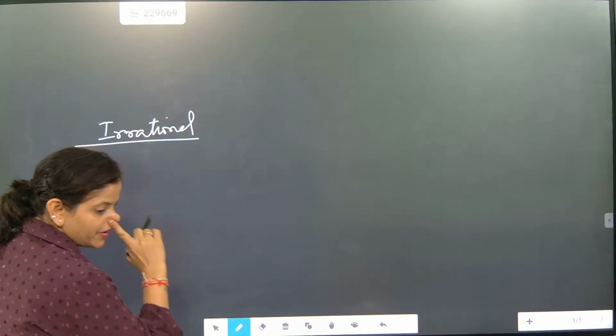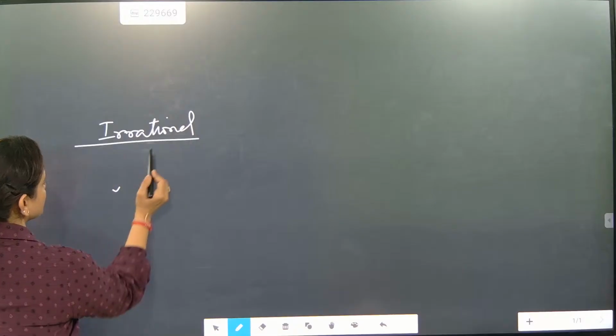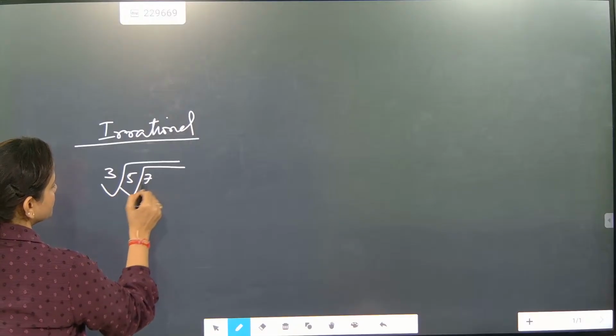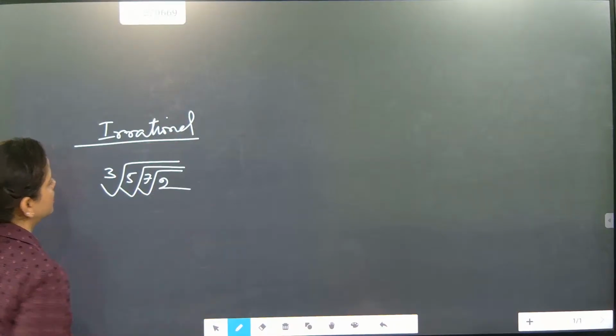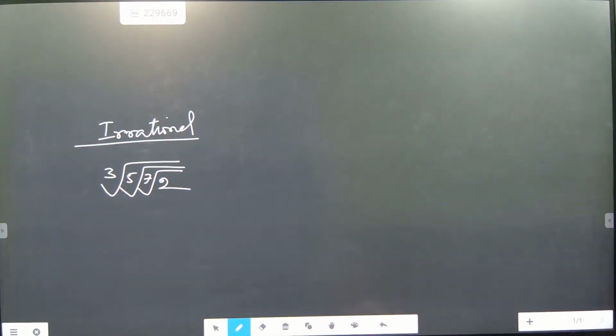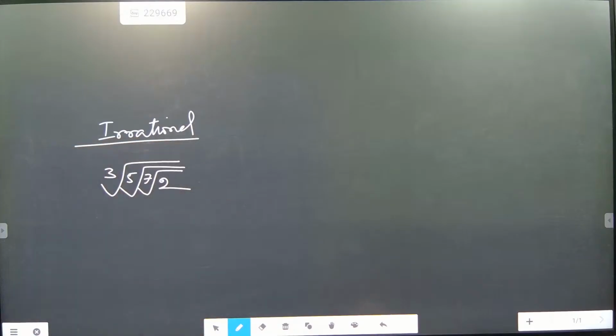Okay. So if somebody gives you 3, 5, 7, 2, what is the value? Come on, say. Like this, if somebody gives you 3, 5, 7, then how are we going to respond to this?